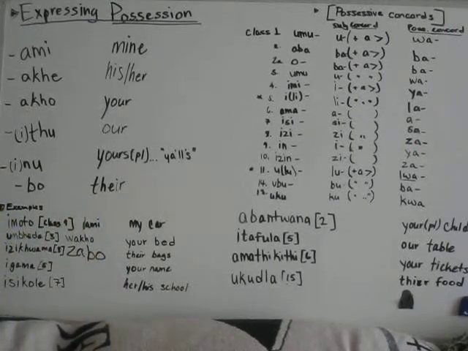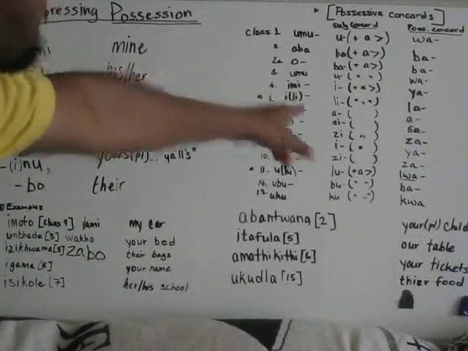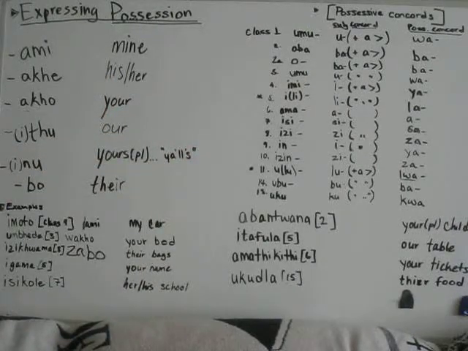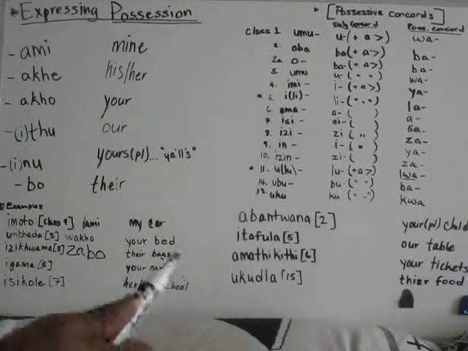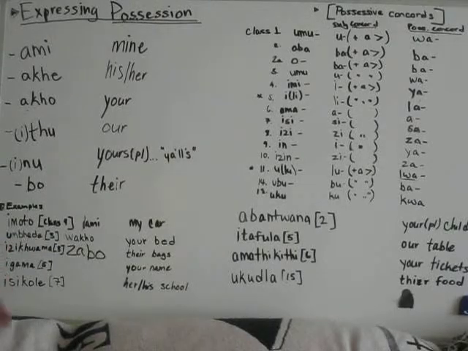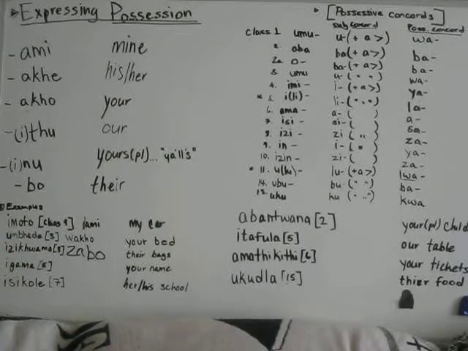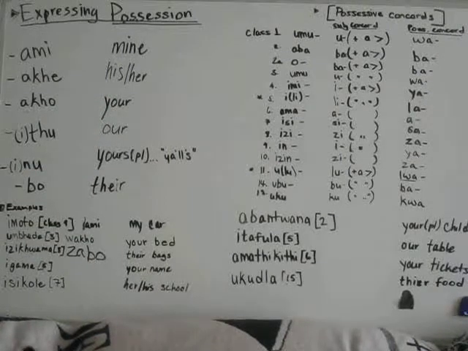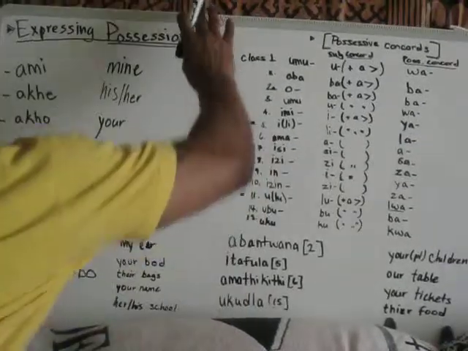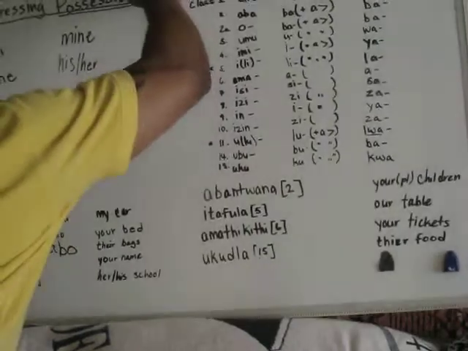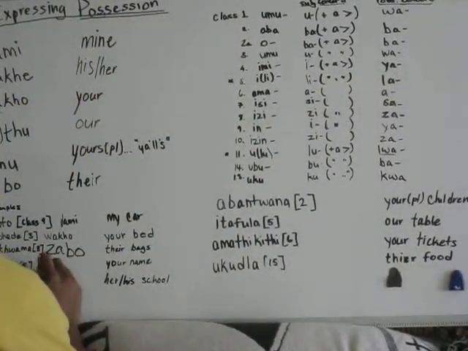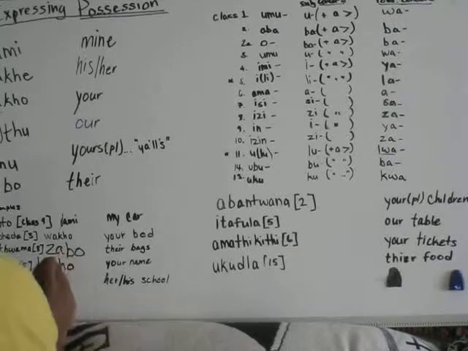Whereas igama is class 5, which gives us la. So igama, la, and we know your is what? Ko. What helps me remember how to say your name is igama la ko.